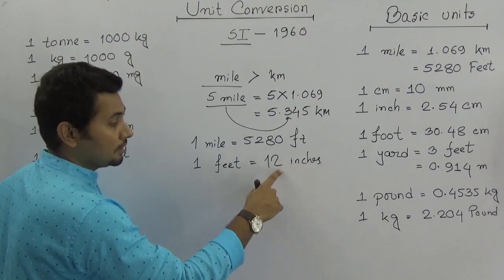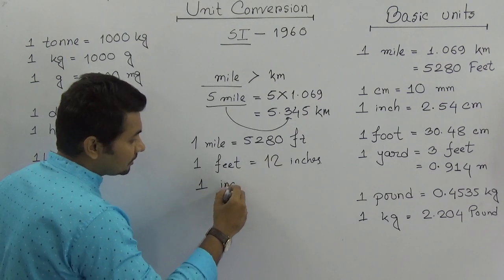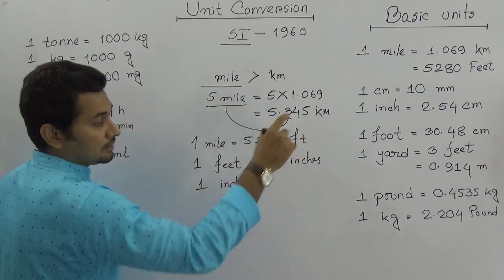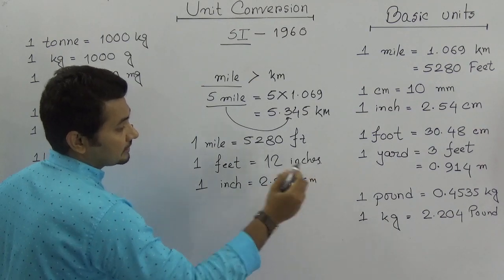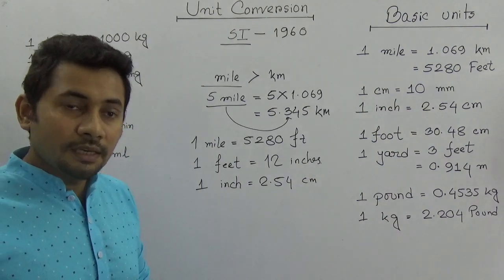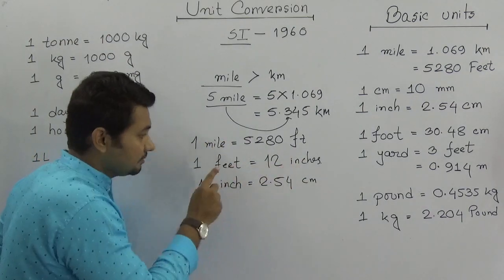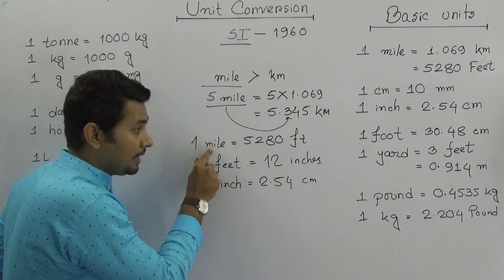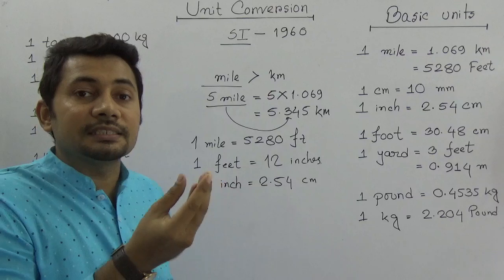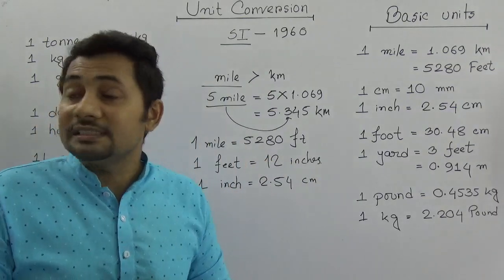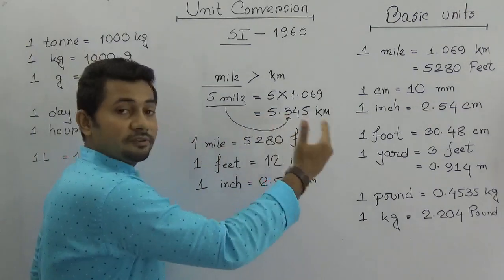Again, 1 inch is equal to 2.54 centimeter. So inch is another unit, feet another unit, mile, centimeter, all are expressing distance. These are units of length, so we are measuring in different units.